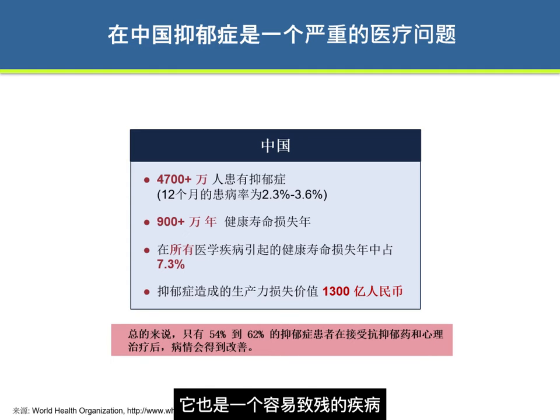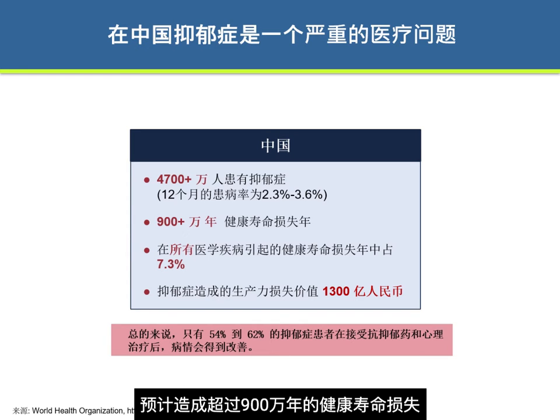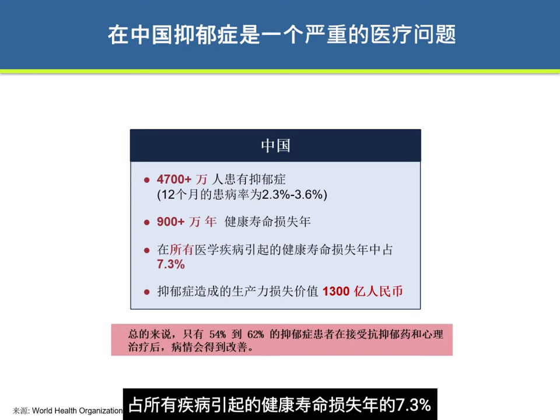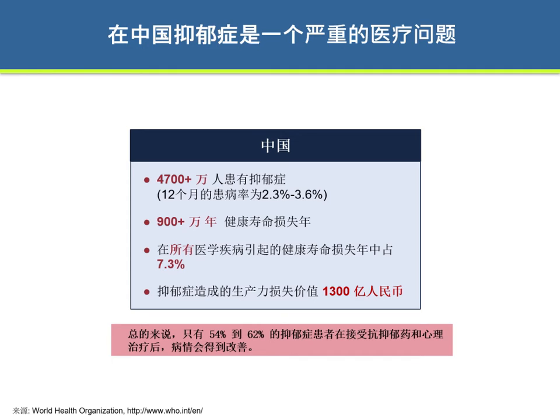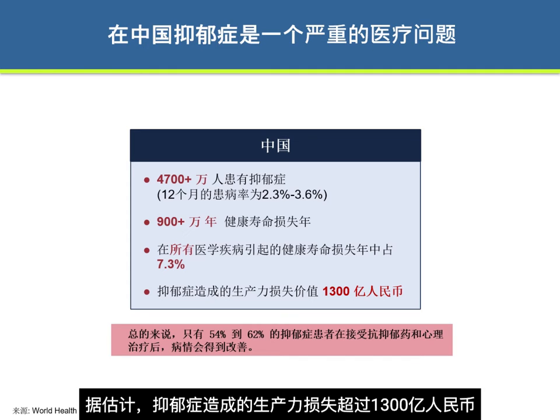It's also a very disabling condition, and it's estimated that over 9 million years are lived with disability, representing 7.3% of all medical causes of disability. There are also great economic costs to depression, and it's estimated that depression costs the economy over 130 billion RMB in lost productivity.